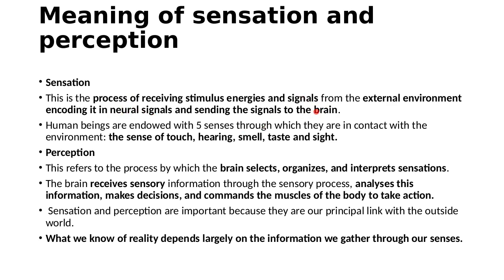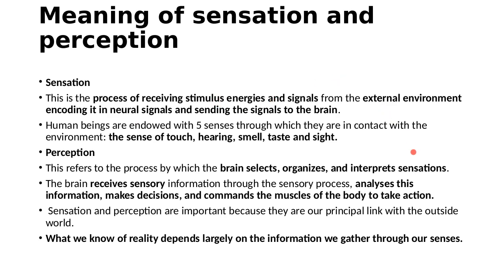The brain will do its analysis and interpretation, and then send back a feedback signal to the organ that needs to do an action. For you to withdraw your hand that is hurting, or to unfocus your eyes from a light that is too bright, you need signals from the brain. So the work of the neuron is to transport that signal to the brain.